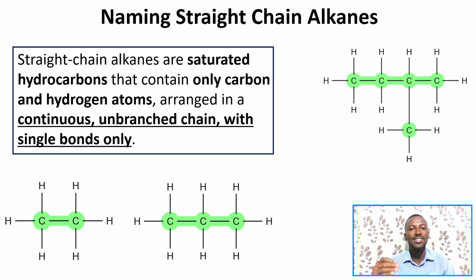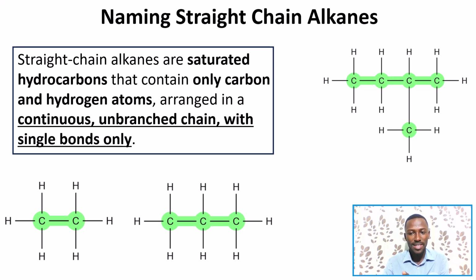Straight chain alkanes are saturated hydrocarbons that contain only carbon and hydrogen atoms arranged in a continuous unbranched chain with single bonds only. So the focus of this lesson is to name the straight chains.